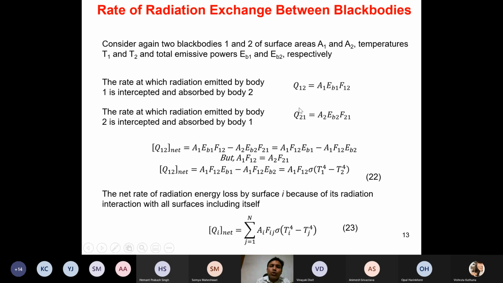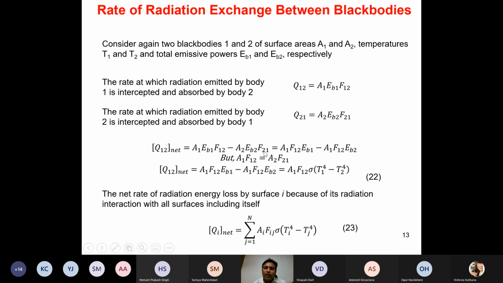So Q12 net is given as A1 EB1 F12 minus A2 EB2 F21, isn't it? Now A2 F21 we can represent in terms of A1 F12 because that is what the reciprocal relation is, isn't it? Using the reciprocal relation, A1 into F12 is the same as A2 F21.